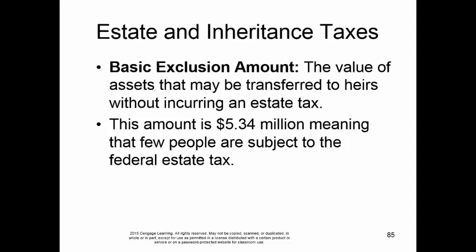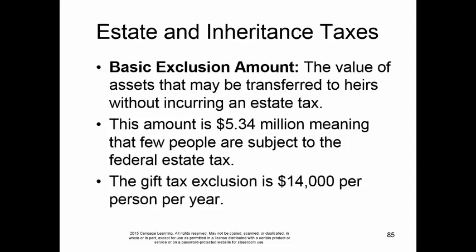The amount is $5.34 million, and this may have changed because these are 2014 numbers. But for the most part, most of us don't have $5 million. So as a result, very few people are subject to federal estate tax.